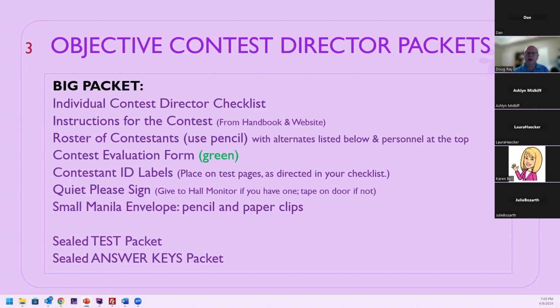You'll also have the little contestant ID labels that you place on the test pages or the evaluations, in this case, test packets. You'll have the quiet please sign that you can give to your hall monitor if you have a hall monitor. If you don't have a hall monitor, you can just tape it to the door. You'll have a small manila envelope that'll have pencils and pens and paper clips.